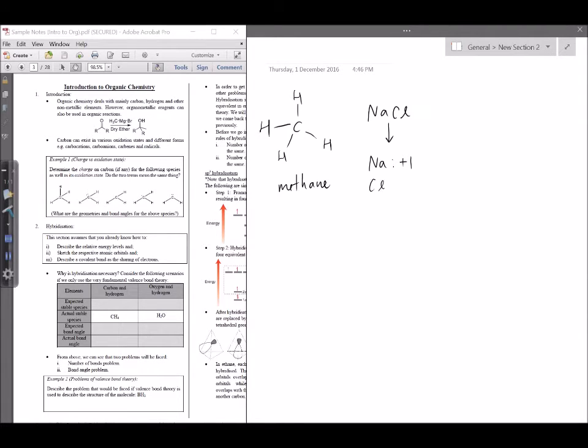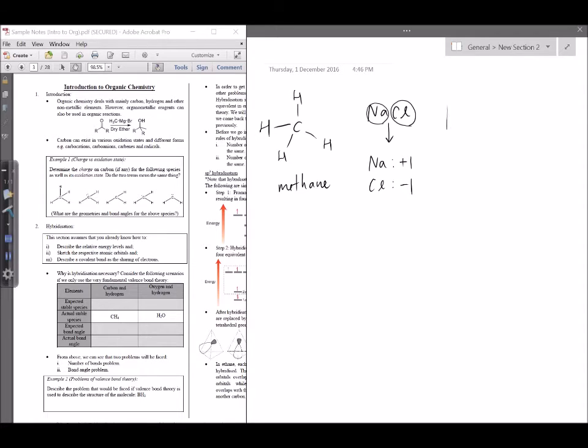While for chloride, it is -1. Now, what's the basis of you saying this? Well, in order to get the oxidation state, we have to compare their electronegativity values. So by now, you should know that chlorine is more electronegative than sodium, right?